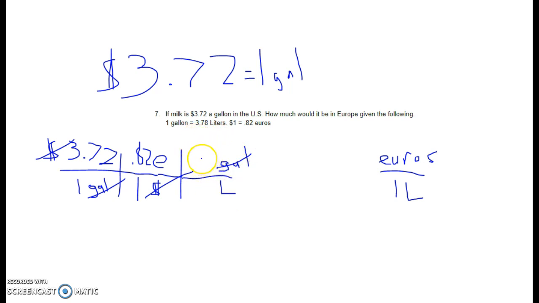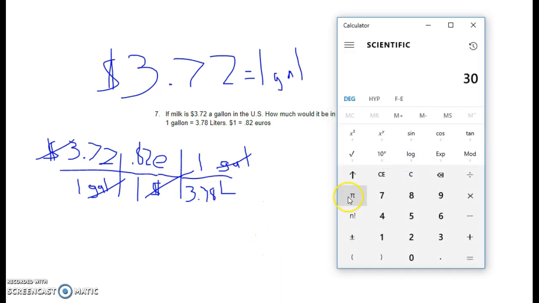So in 1 gallon, there's 3.78 liters. So if I open up my handy dandy calculator, I can take my 3.72 times my 0.82. That will equal that.